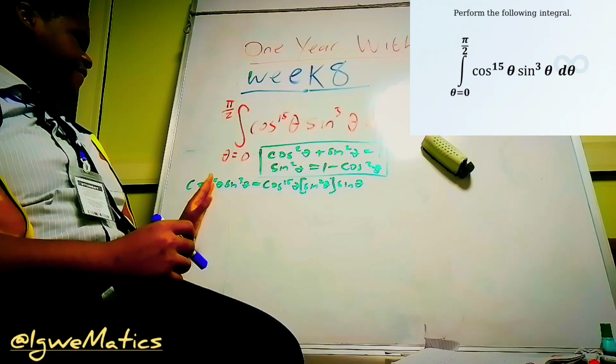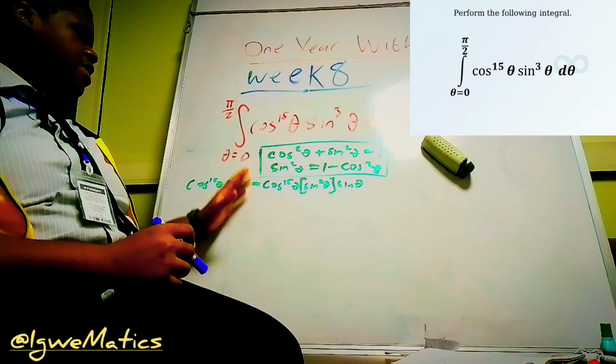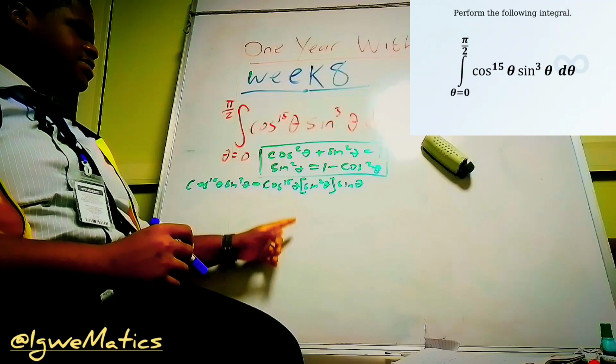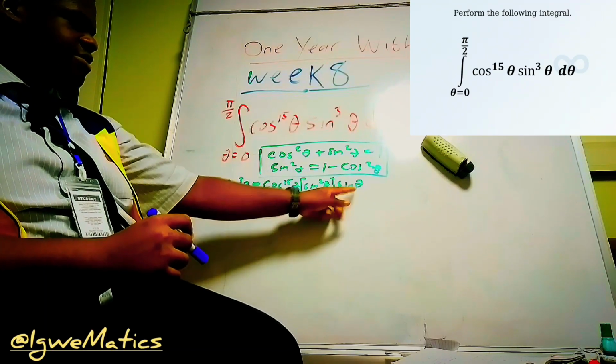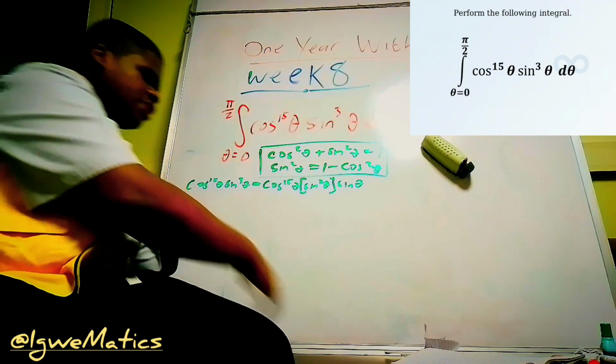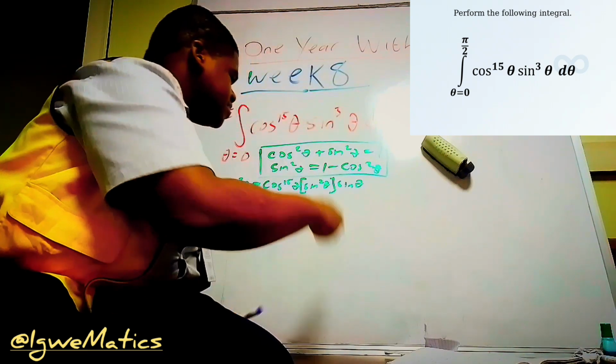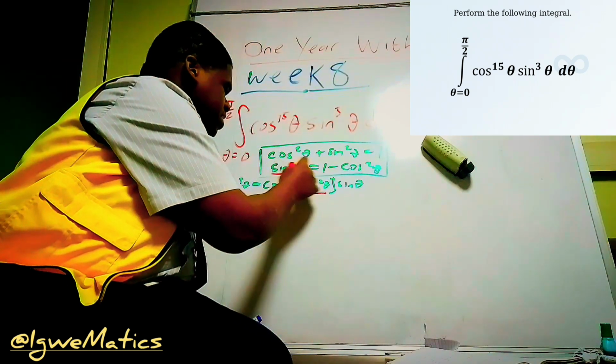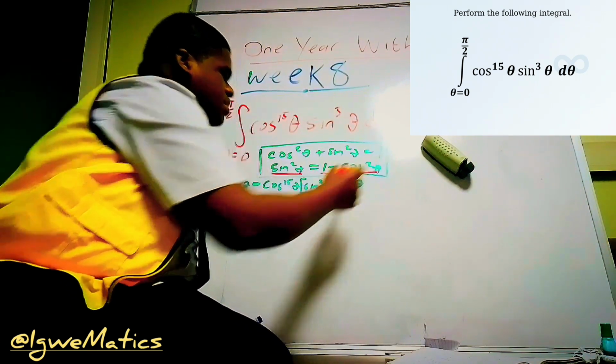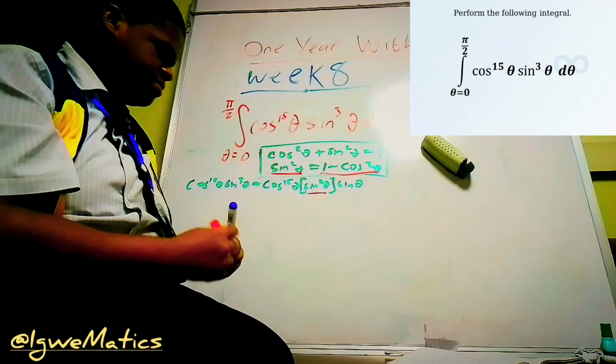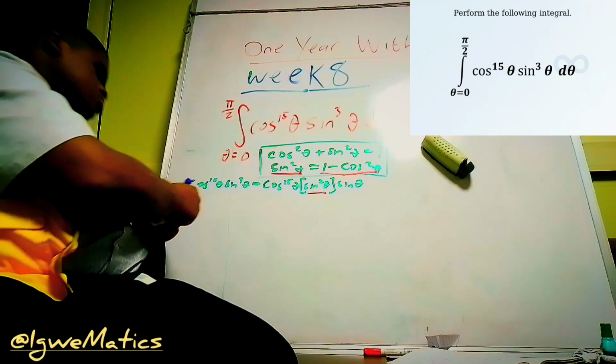Sine square theta here is equal to 1 minus cos square theta, so we just do the substitution.